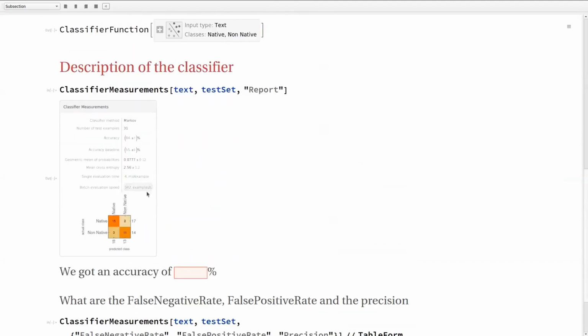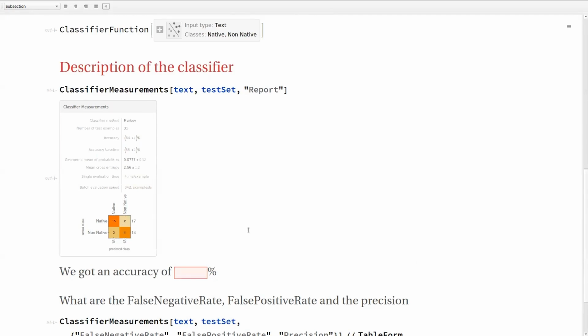So we have the classifier, and we can see that native classified as native was 15 examples, native classified as non-native 2 examples, non-native classified as native were 3 examples, and non-native classified as non-native were 11 examples.